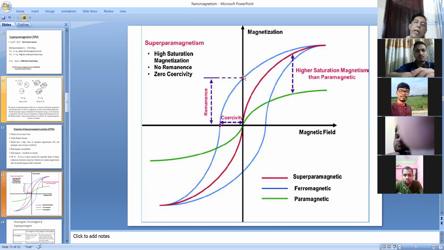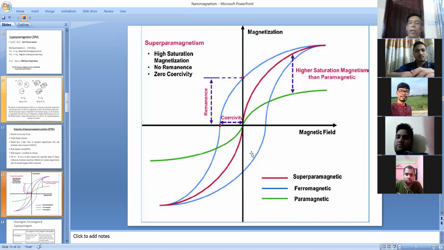If you demagnetize it again by shifting the magnetic field to the negative direction, you will get this point where you will not get any magnetization. So this is called coercivity. And you will get again this blue curve.